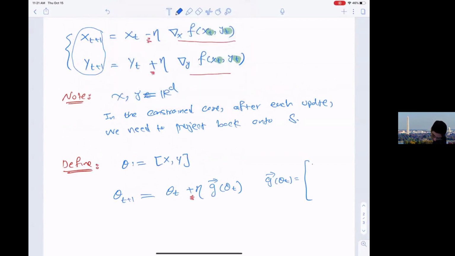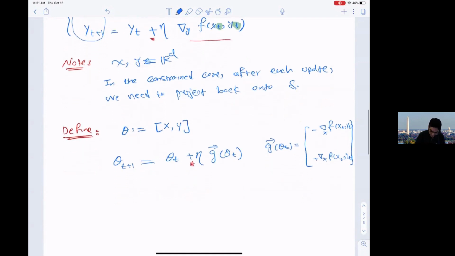So I'll have minus gradient of f with respect to x, and the other one would be plus gradient of f with respect to y. Just rewriting the dynamics of GDA in one equation.